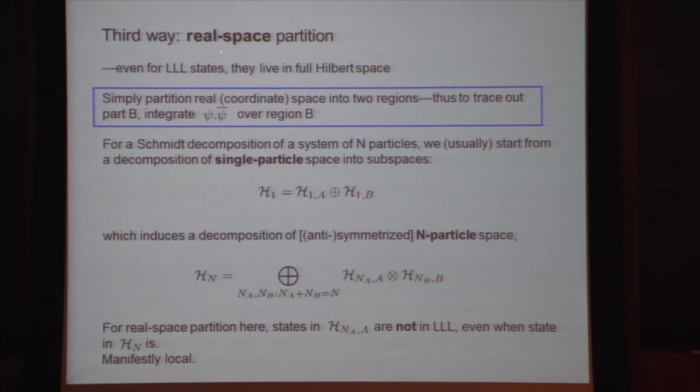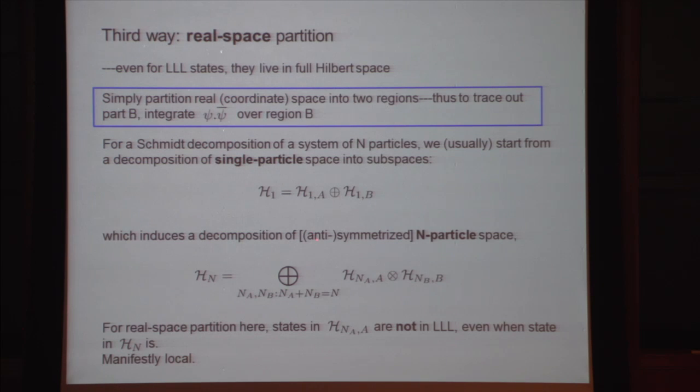Now a couple of generalities. For a system of n particles, the way that we often do a partition of a system of particles is we start by partitioning the single particle space into subspaces. So this is just what we were also doing in the orbital case. So then for the single particle space, we have a direct sum decomposition of it into two parts, not a product.